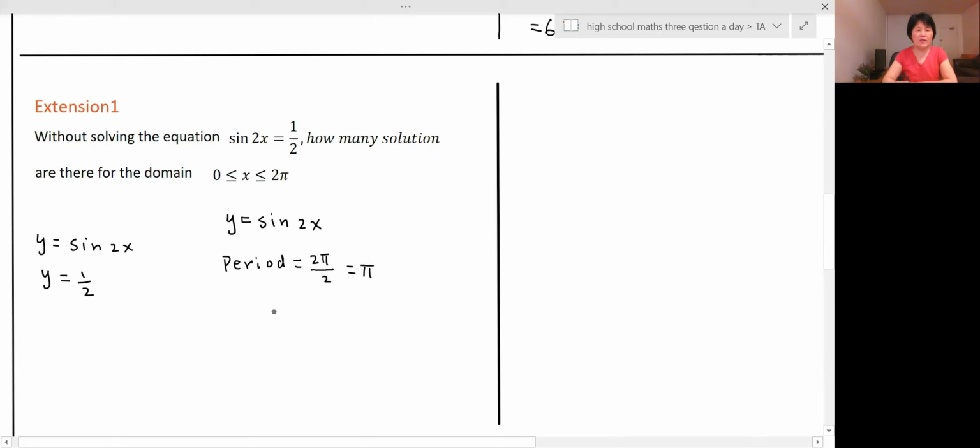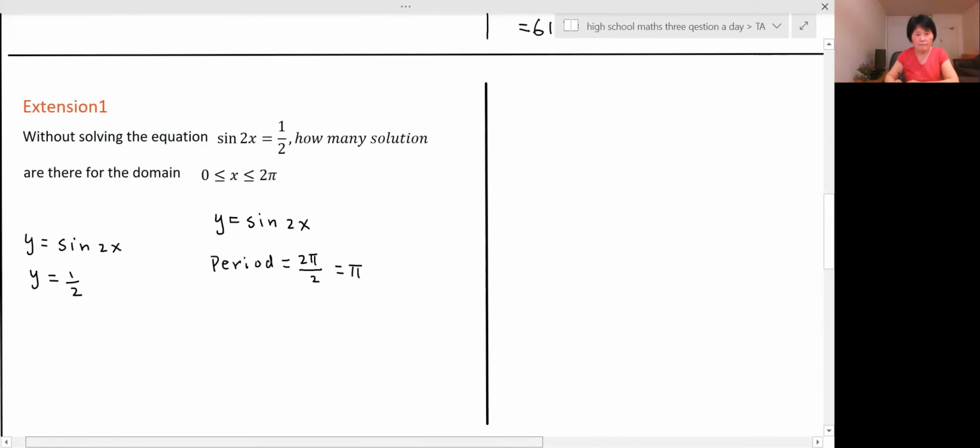This means that every pi, this curve will be repeating. Okay, so now I just draw this curve. I think maybe I just draw this side. Every pi will be repeating.